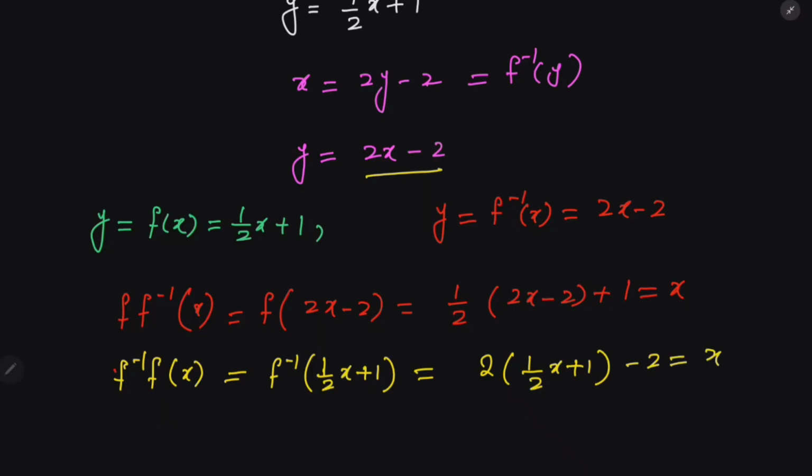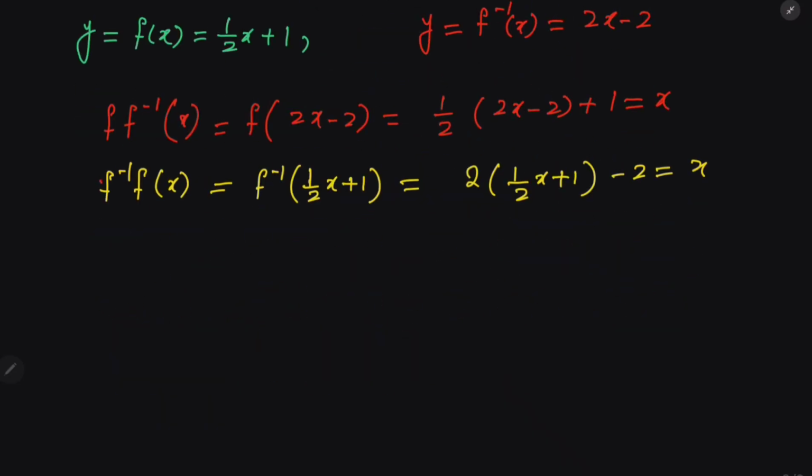So we get x over here. So these are actually inverses of each other, f and f inverse, which we found from this example.